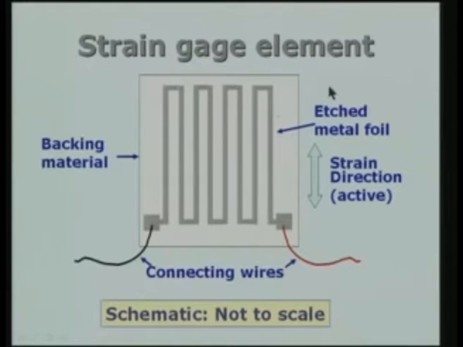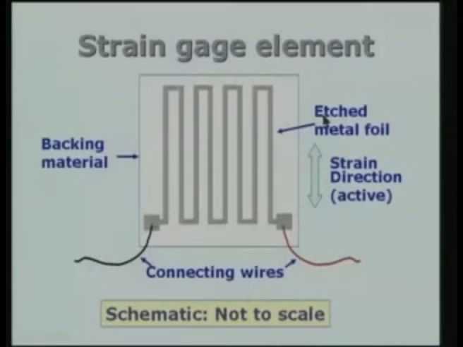And because the strains which we measure in practice are very small, sometimes we refer to the microstrain. That means it will be 1 micrometer per meter of the original length. So, in terms of microstrain we can measure, and in most of the applications we will be measuring very small deflections, and the strain undergone by this etched material is going to be very small. We will later come to look at the different materials which are used and so on.